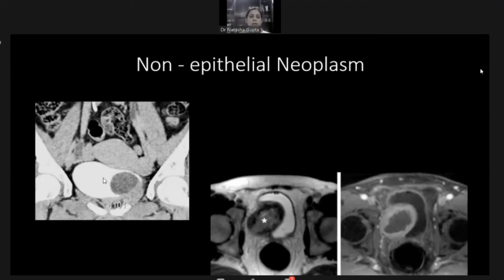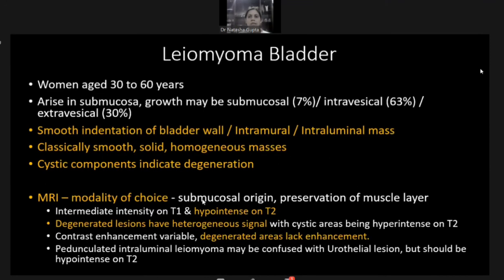You can again see this extremely well-defined, smooth lesion, homogeneous, which is there protruding in the bladder and having this predominant intravesical component. And whereas this is a heterogeneously enhancing degenerated mass with a large intravesical and a significant extravesical component. So the final diagnosis in this case was a degenerated leiomyoma.